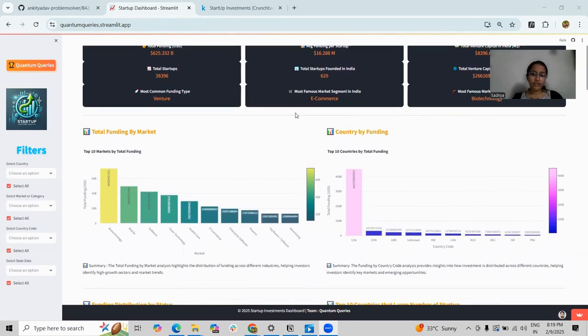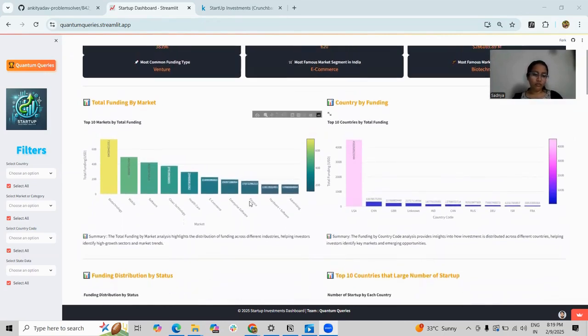So here in this graph, the total funding by market analysis highlights the distribution of funding across different industries and helps investors identify high growth sectors and market segments. So here we can say that the biotechnology market has the most funding.